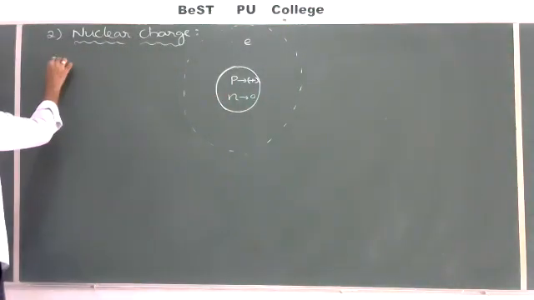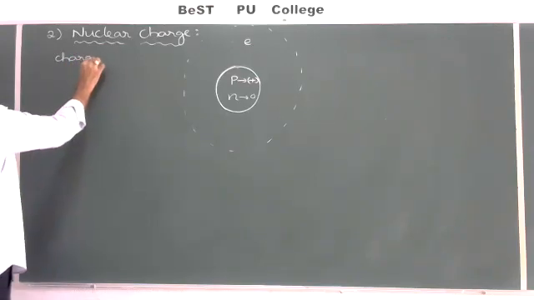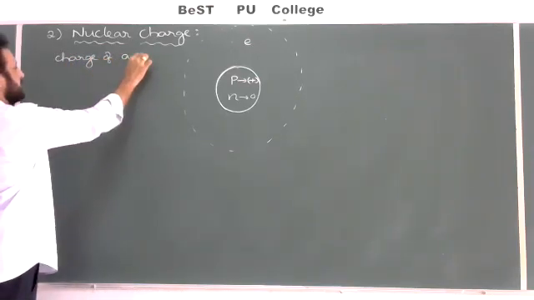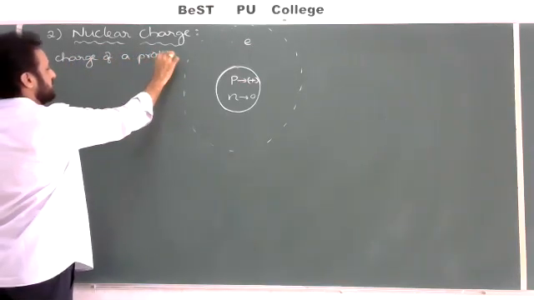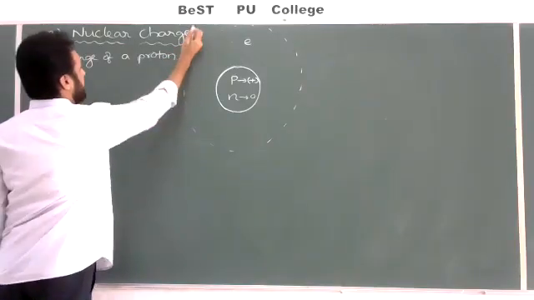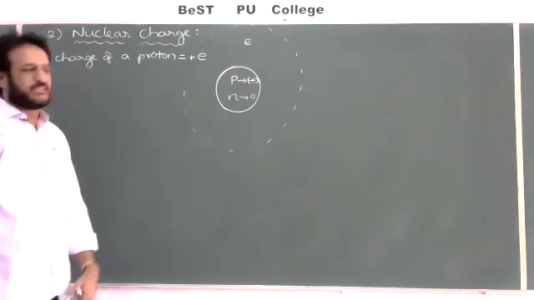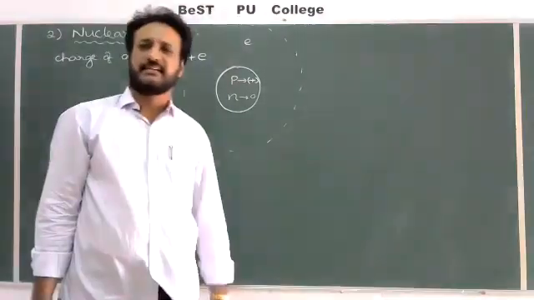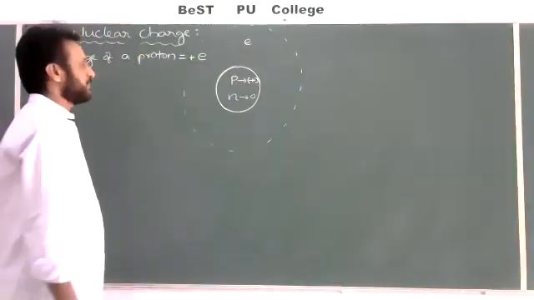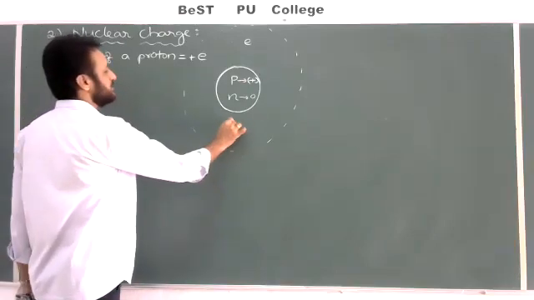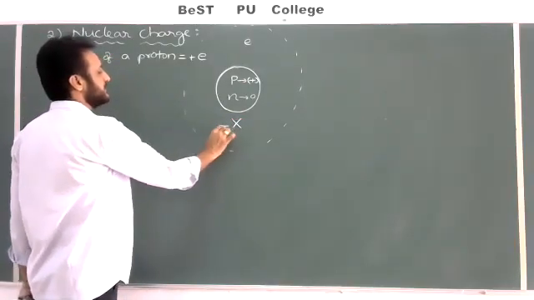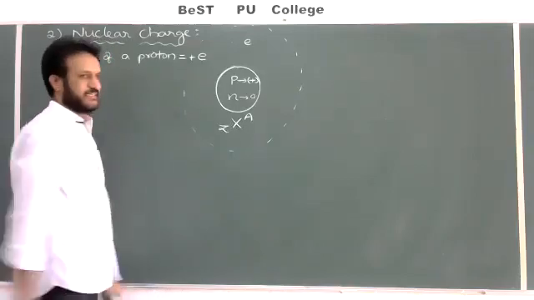The charge of a proton is equal to plus e. Carbon, or any nucleus you may take, generally contains a number of protons and a number of neutrons. I am choosing the element as ^A_Z X. It is a nucleus name.